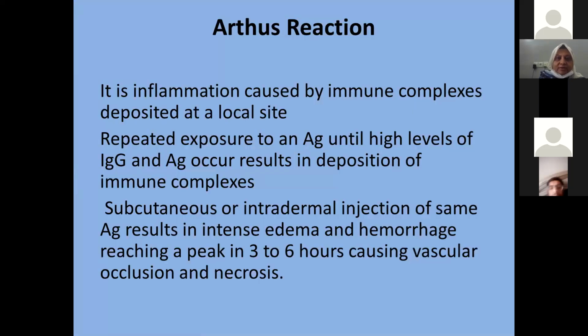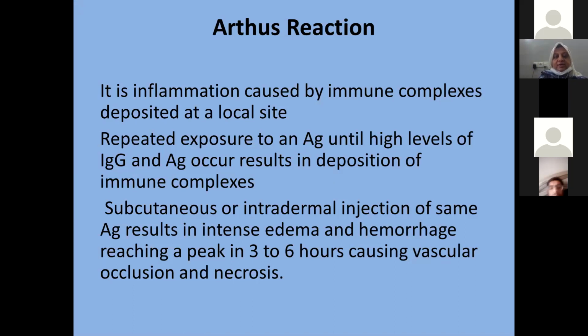One type of this immune complex hypersensitivity is the Arthus reaction. When these antigen-antibody complexes are deposited at some local site of the body and cause inflammation, this is known as the Arthus reaction. If the body is exposed repeatedly to an antigen, high levels of IgG and antigen occur, and they result in deposition of immune complexes in very high numbers.